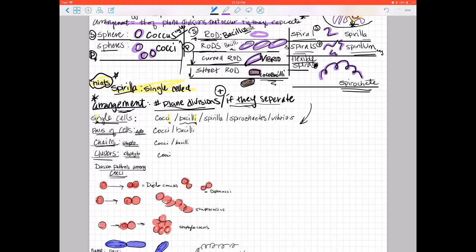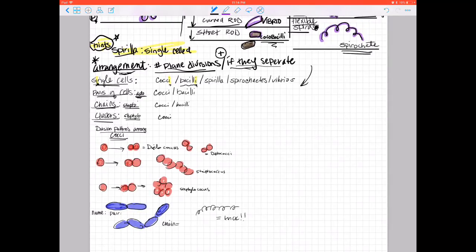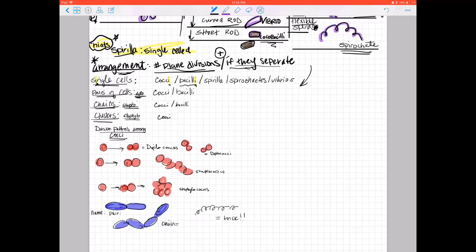When it comes to pairs of cells, okay, now you have this term called diplo, right? So you may have a diplococcus or diplobacilli. All right, down here I have a diplococcus, and then I have two of them. So now I have diplococci because there's two of them. Here's one, here's two. Does that make sense? This is one diplococcus, and then this is two of them.